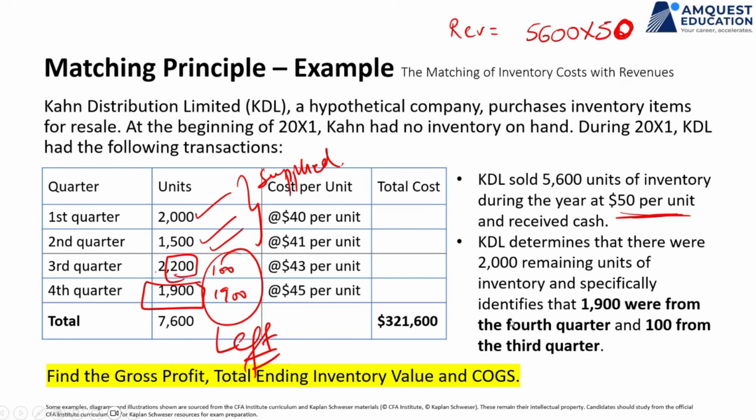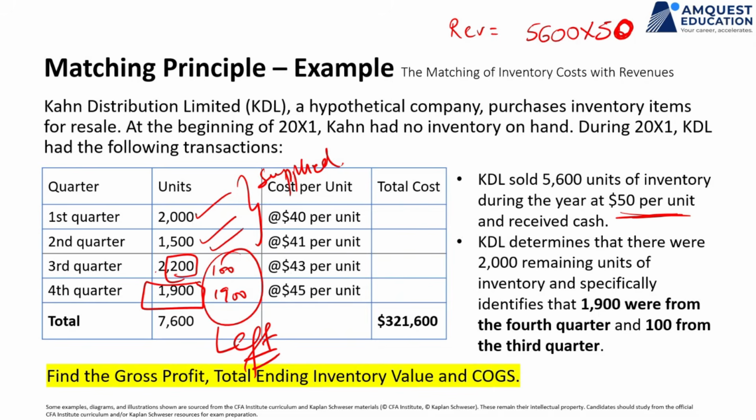So 5,600 into 50 is $280,000. That is basically what your revenue is. From $280,000, we are not paying anything as, or rather we'll have to calculate what is called the cost of goods sold. How much is the cost of the products which you have sold?